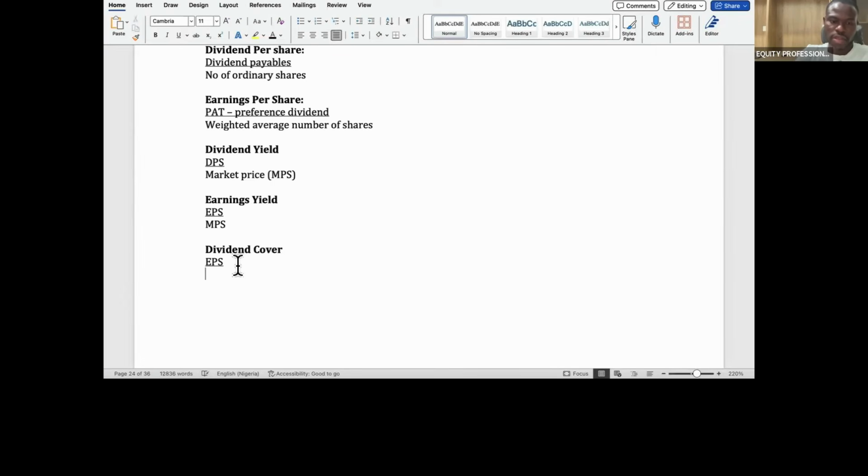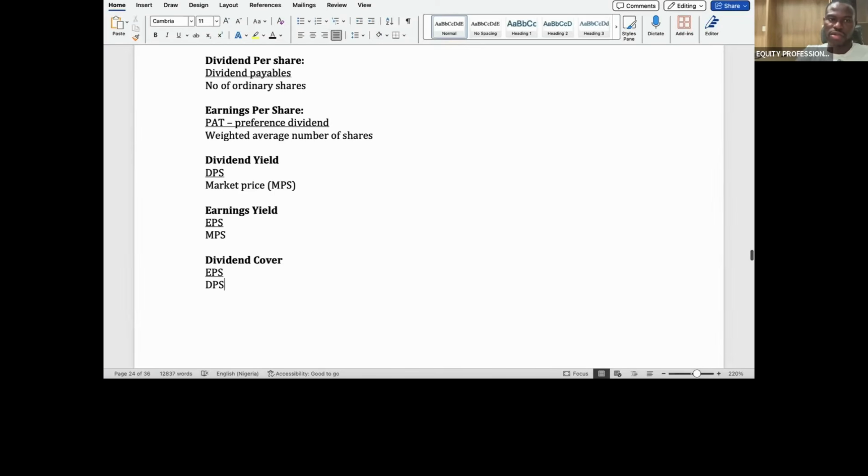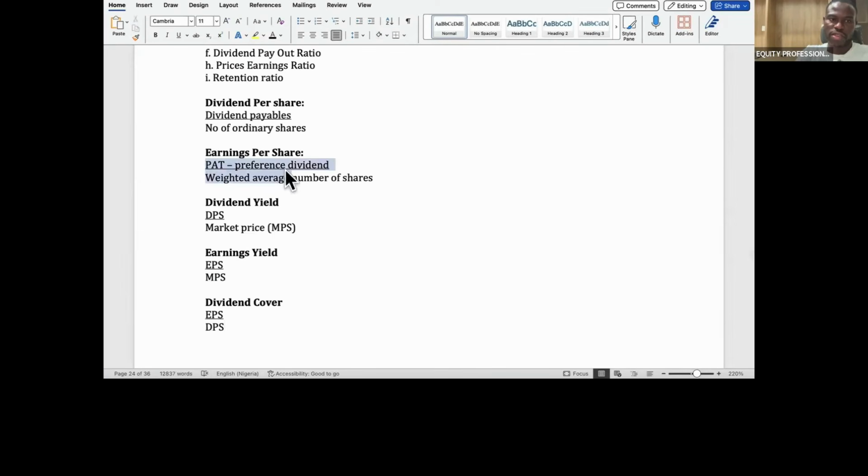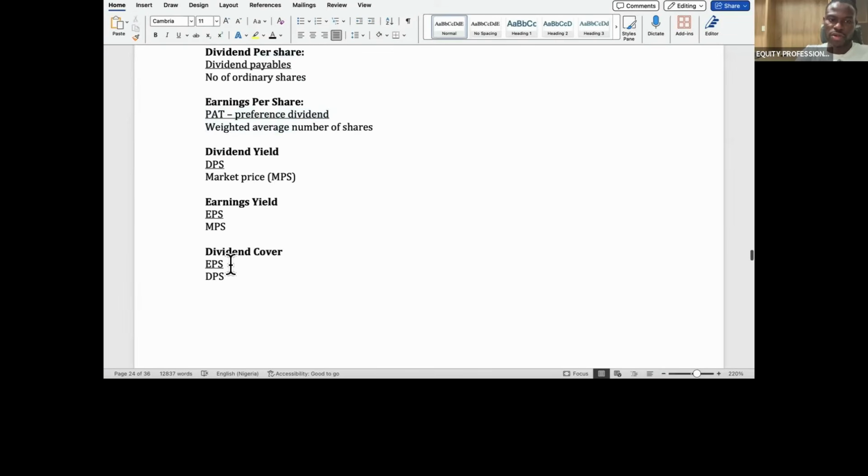In the exam, especially if you are focused on this, just use EPS over DPS, because you can easily pick the EPS and DPS that you have computed. So yes, you're correct. It could be your profit after tax, not even PBIT, because it's on the basis of EPS, the profit available for dividend payment. How many times can it cover that dividend? That's dividend cover.